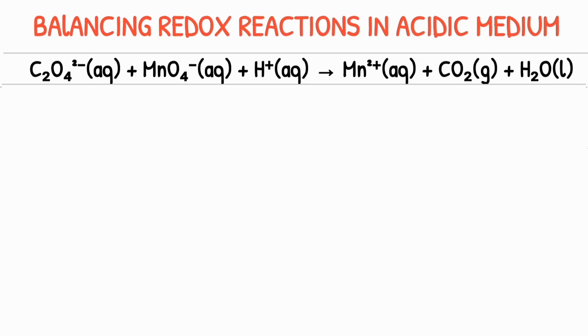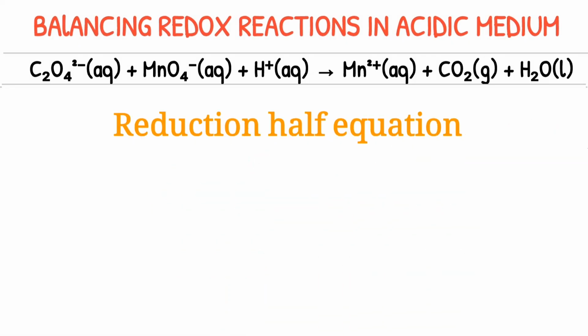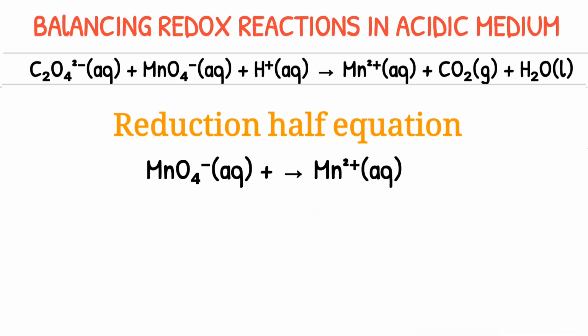Now, let's move to the half equation for reduction. We still remember that the species that was undergoing reduction was manganese. The half equation for reduction: manganese being reduced from +7 in permanganate to +2 in the manganese(II) ion.